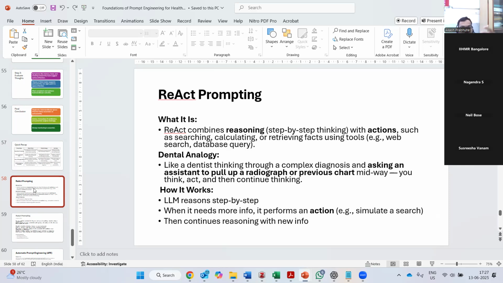So ReAct is reasoning and action, the two things where ReAct comes in. I'm giving you two or three options for your capstone. You can work on whichever you feel is easier, but I think ReAct would be very interesting if you are from a research background.